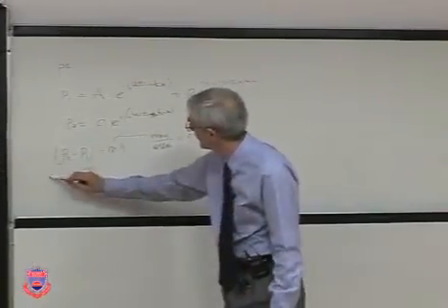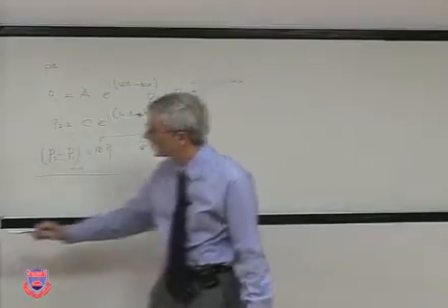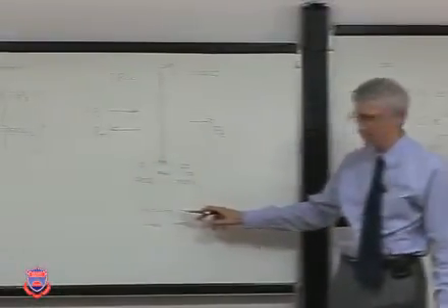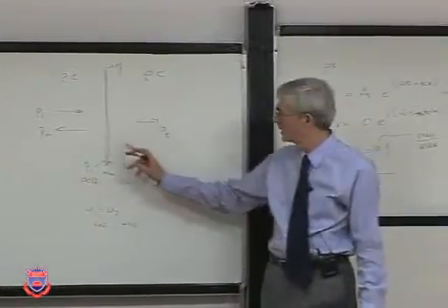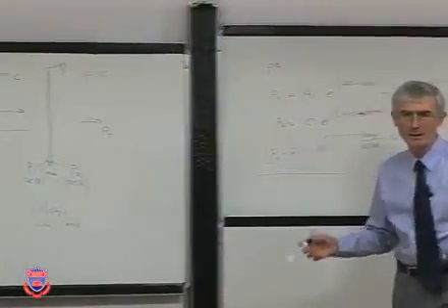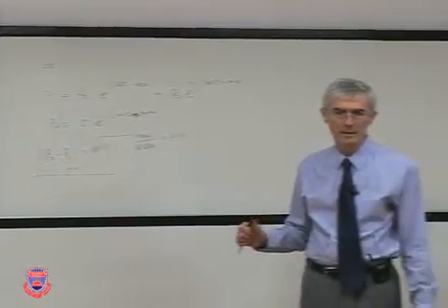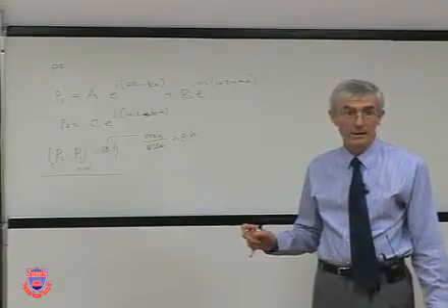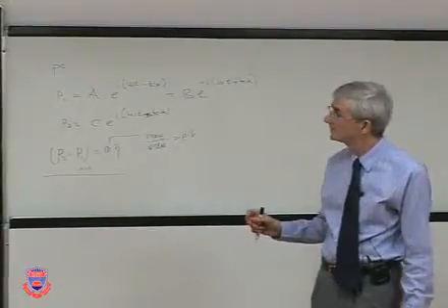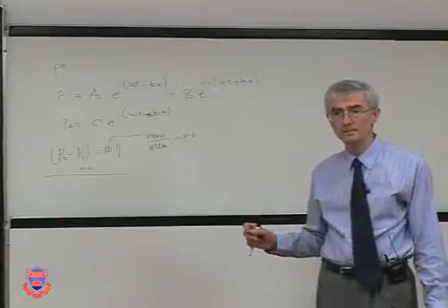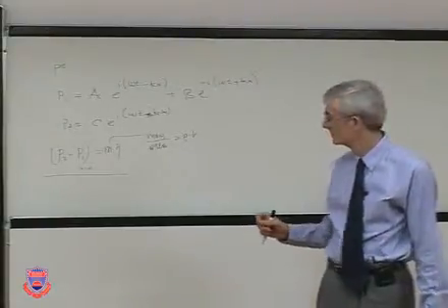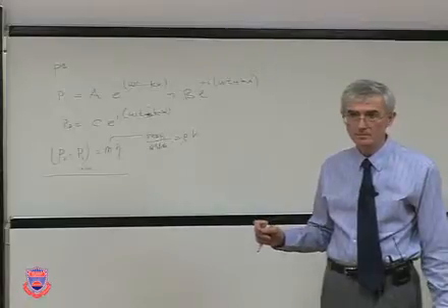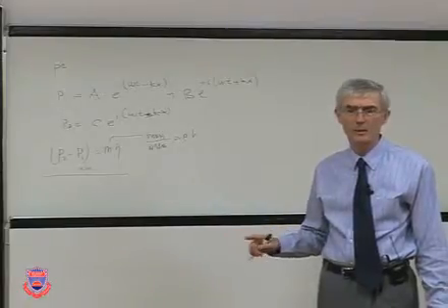Okay, so we have one relationship here, and then we said particle velocity must be the same on both sides. How does that help us? How does it help us? Why does it have to be the same on both sides?